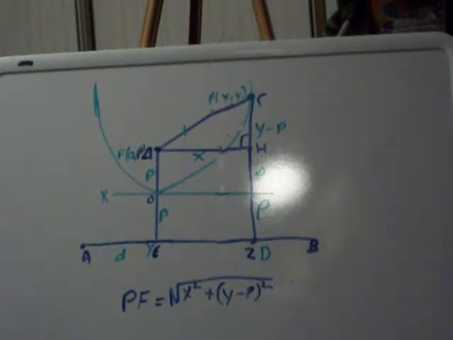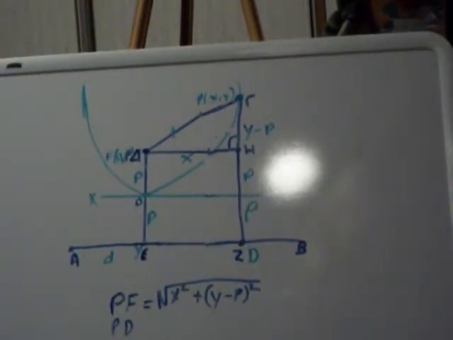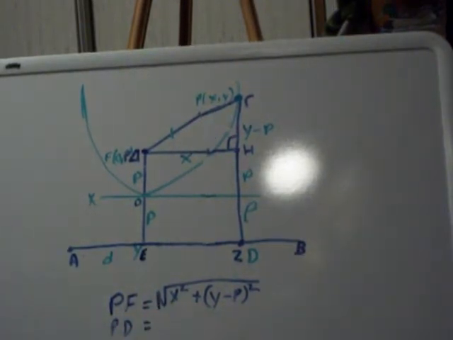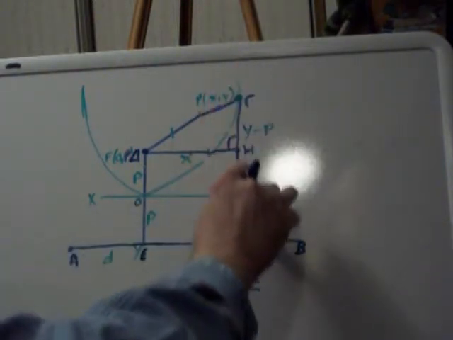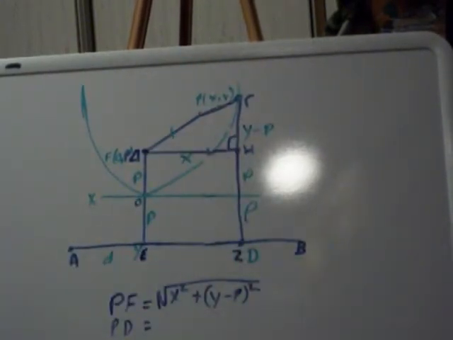Alright, so what's the length of PD? Now let me make sure you guys are still getting this. Okay, just barely, but you are getting this. The length of PD is as follows. So what are we doing here? We're talking about capital PD. We're talking about this, from here to here. What is the length of that?